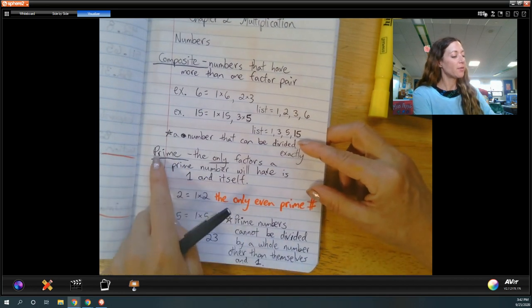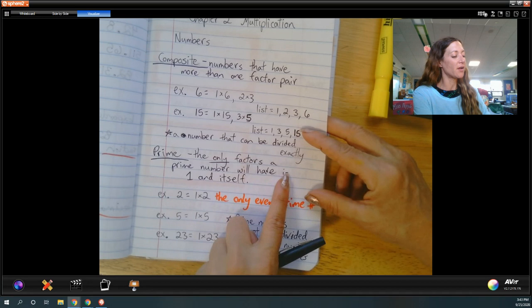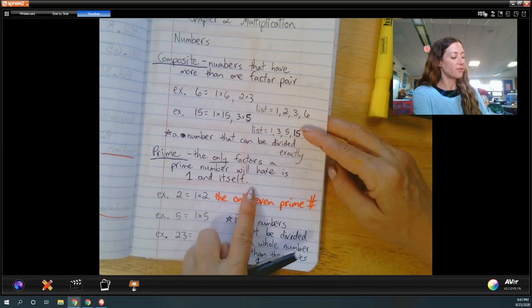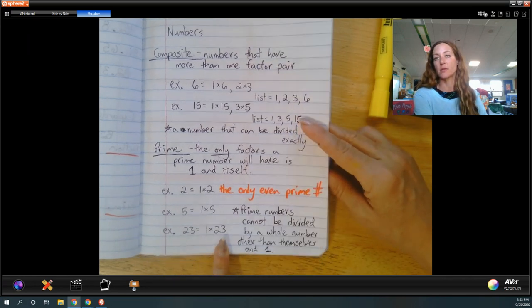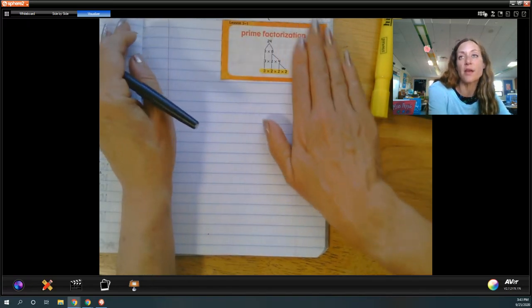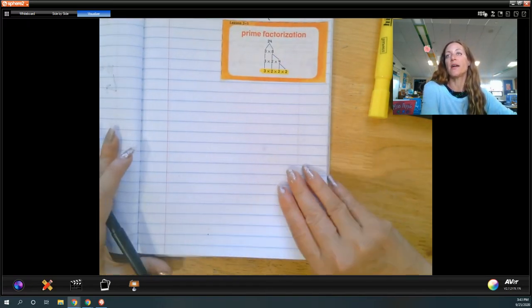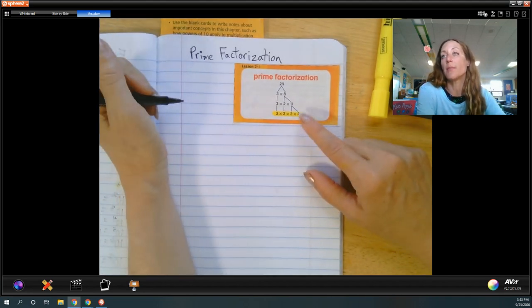The only factors a prime number will have are one and itself. A prime number is a number that I can't break down and divide up into whole numbers. So prime factorization is a process of breaking down a larger number to end up with prime numbers.